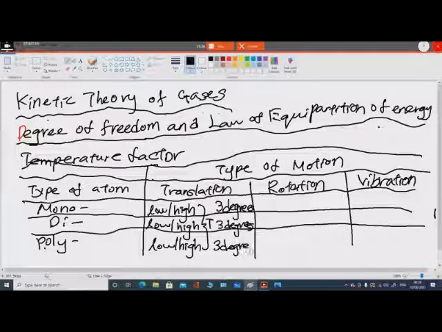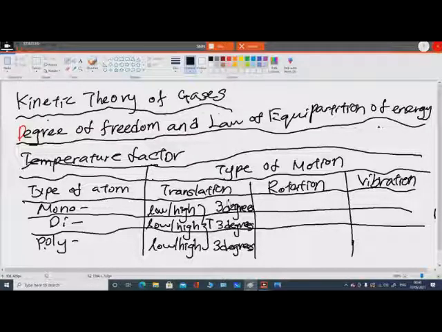Alright, so this is for the 3 types of atoms. Whatever low or high temperature, there will be 3 degrees of freedom, which represent three directions, x, y, z, for translational motion.